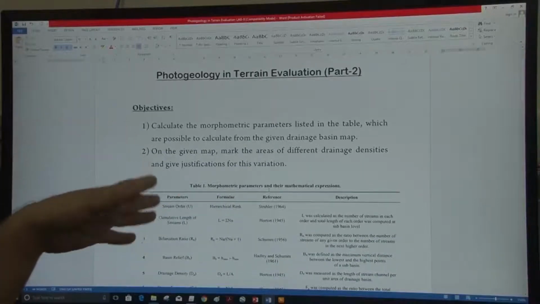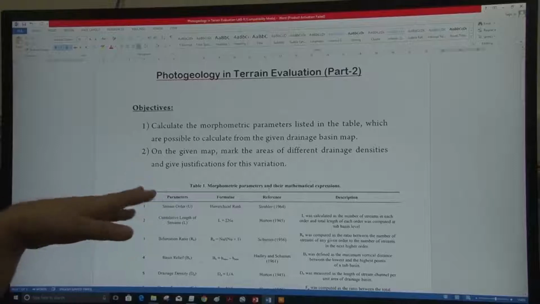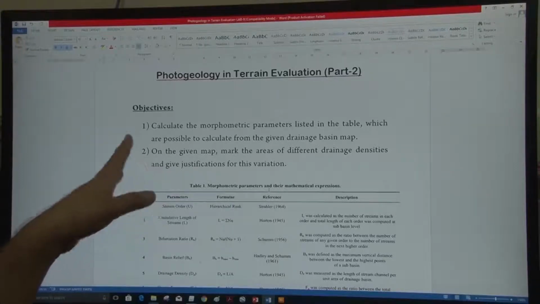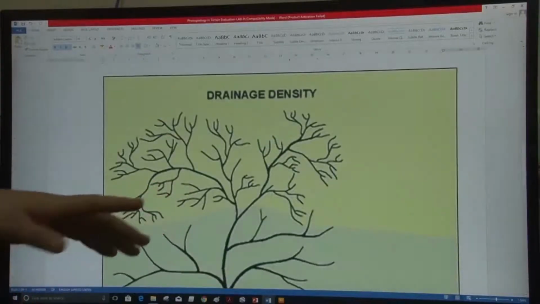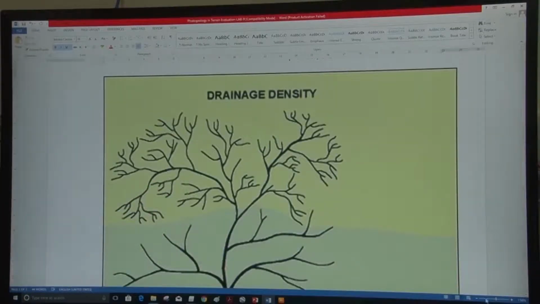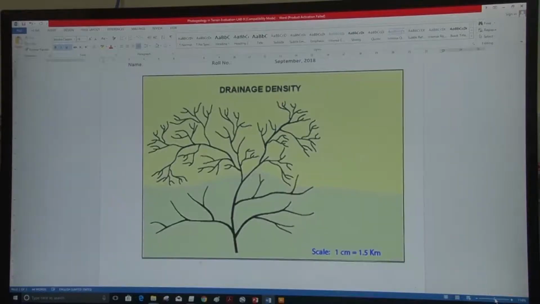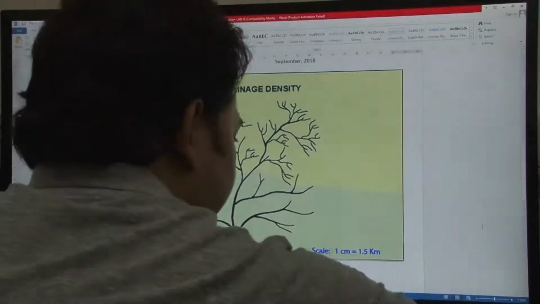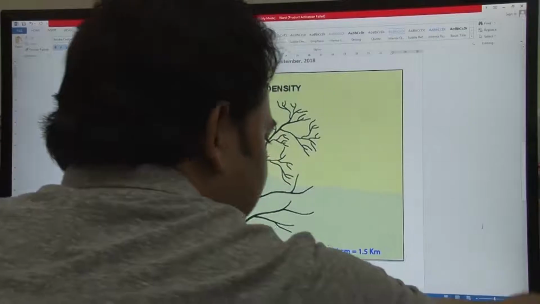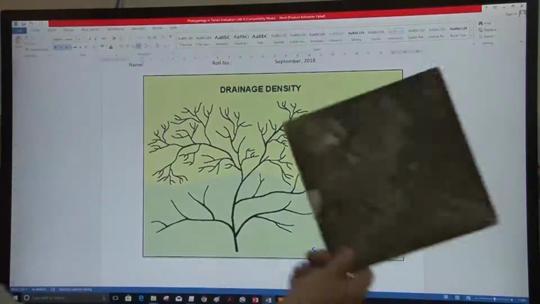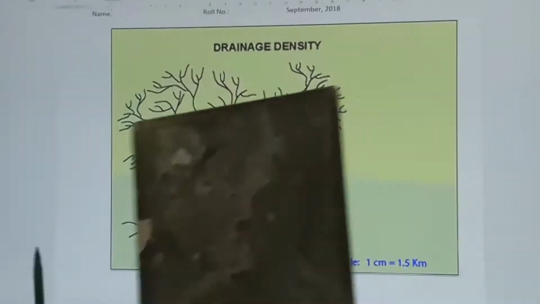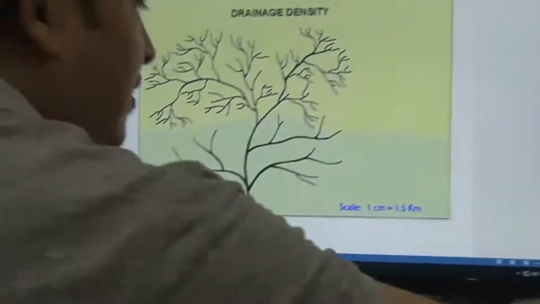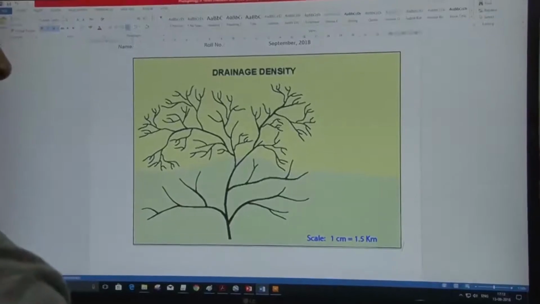So in this exercise, basically you are given an image. From that image you have to extract this detail. Suppose you are given a very simple photograph like this, and there is some drainage basin.